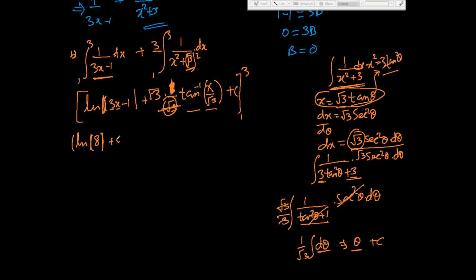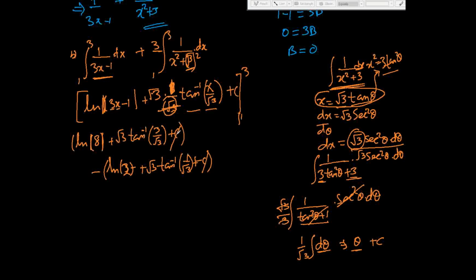Plus square root 3 tan inverse of 3 over square root 3, plus c, minus, we have to substitute 1 now, ln of 3 times 1 is 3 minus 1, which is 2, plus square root 3 tan inverse 1 over square root 3 plus c.